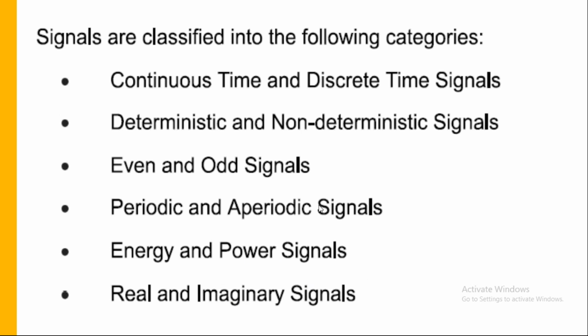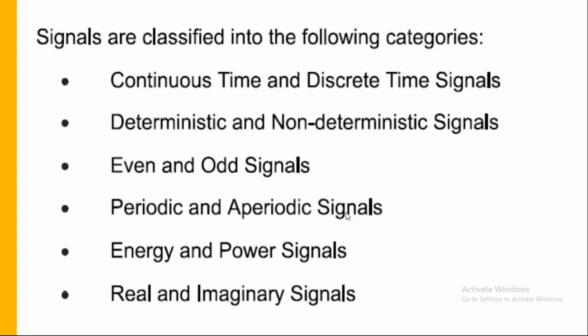So if you observe this classification, any signal that we are using in communication or any of the technology may come under any of these categories. There is no other category beyond this.